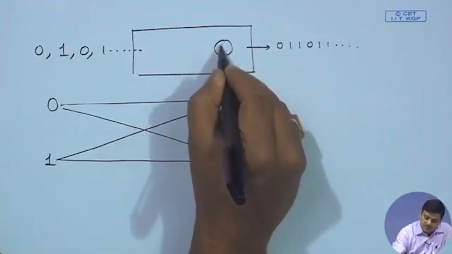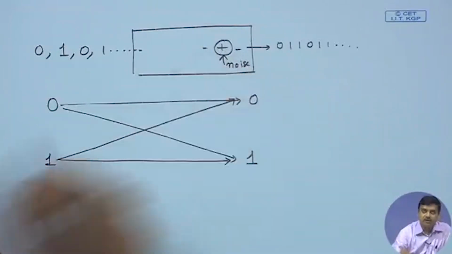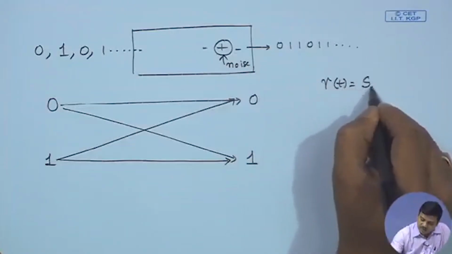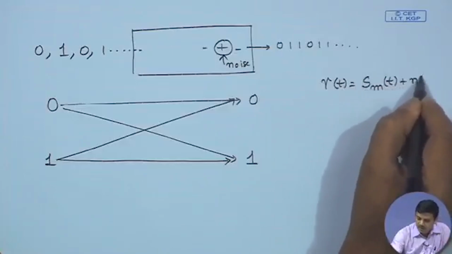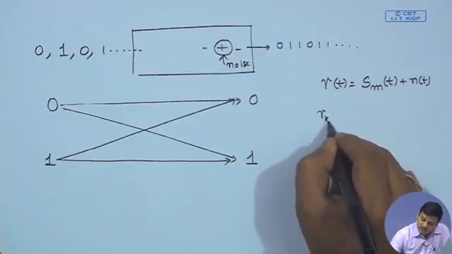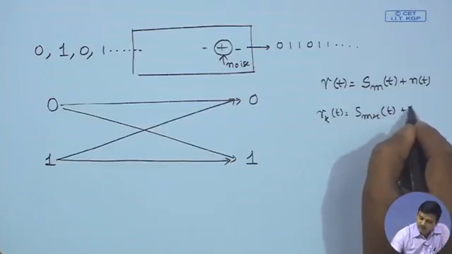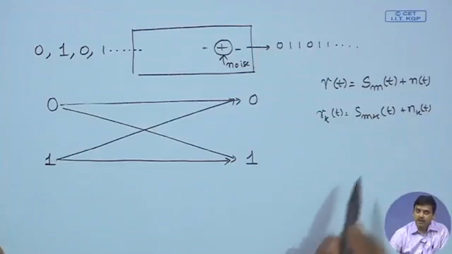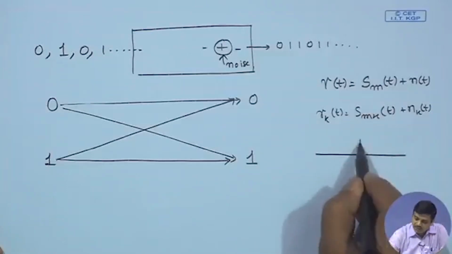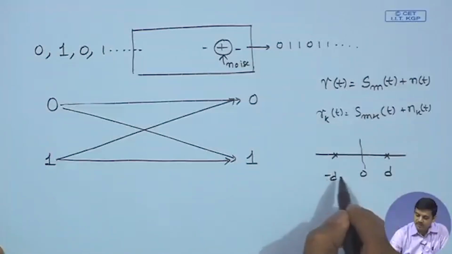At some point you may remember there is noise which is getting added to the signal. So, the received signal r(t) is made up of s_m(t) plus noise. If we think of components, then r_k(t) is equal to s_mk(t) plus n_k. So, there is a signal component and a noise component. Let us consider the BPSK model where we have d and minus d.